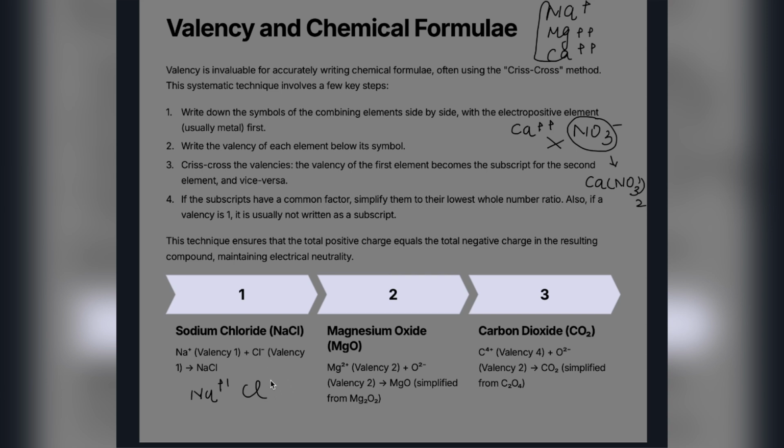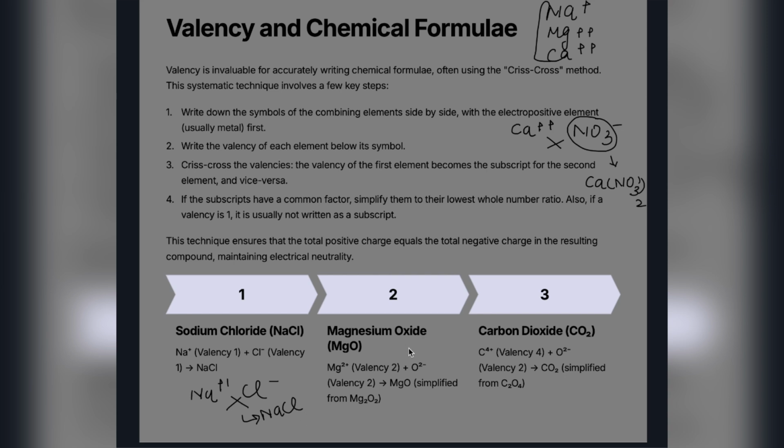To get stability, it will get a minus charge. Now crisscross the valencies of both the elements, and the formula that we will get is NaCl. As we have previously learned, we do not need to write 1 as a subscript in the formula. So the formula of sodium chloride will be NaCl.